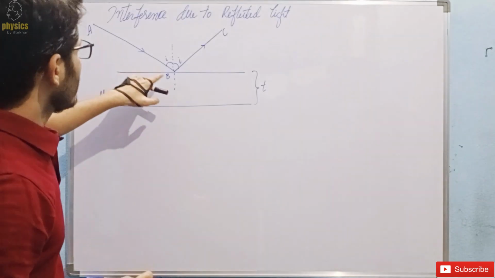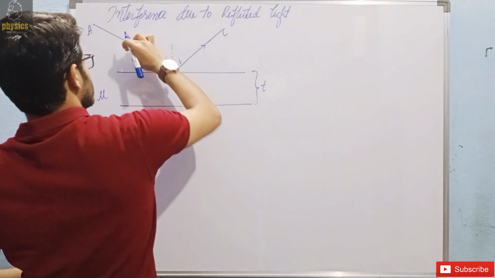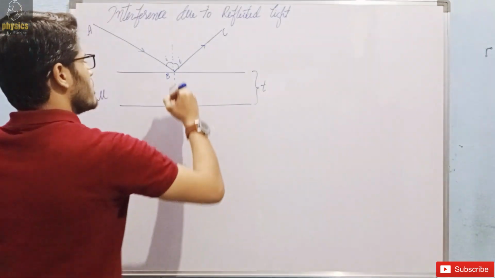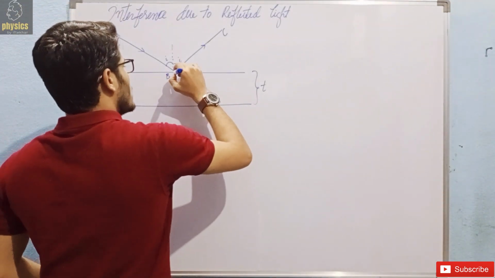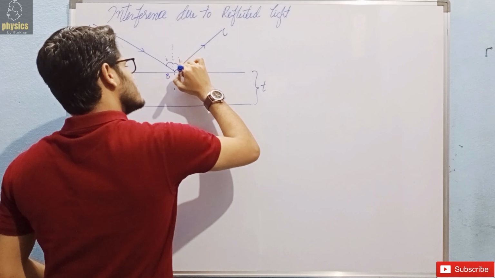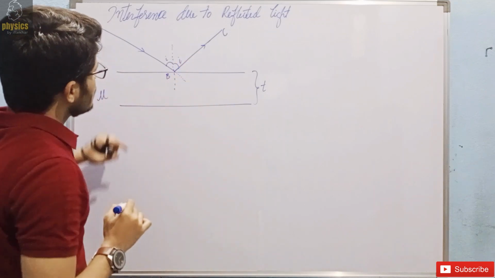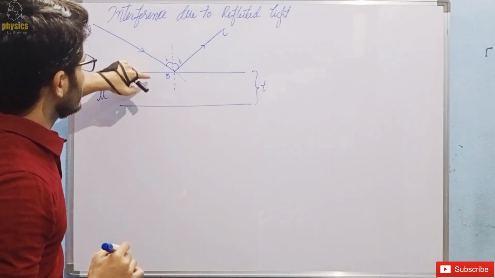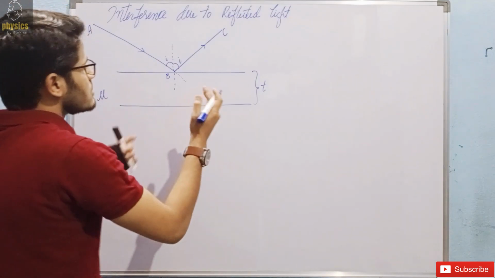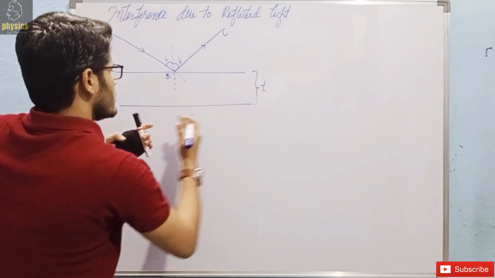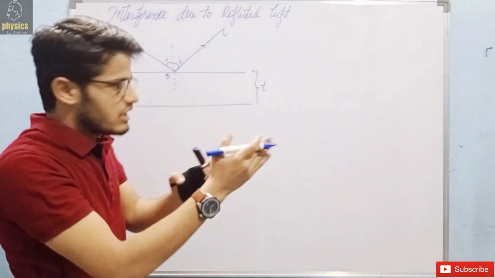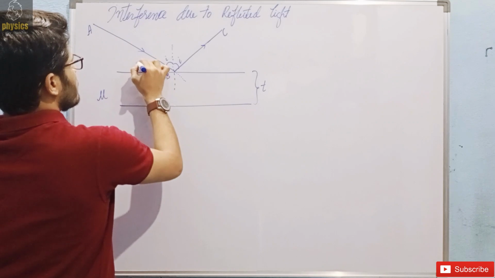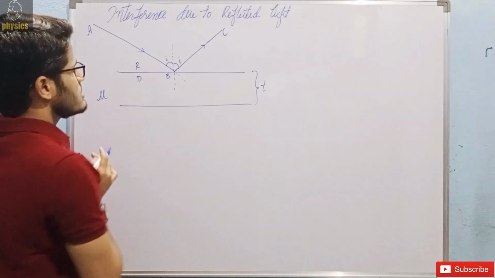There will be one more part from this incident ray, which is the transmitted ray. The remaining amount of the light will transmit. Actually this is the original path, but because of the boundary between these two different mediums, the light will suffer a deviation, a slight bend towards the normal, because it is traveling from a rarer medium to a denser medium.